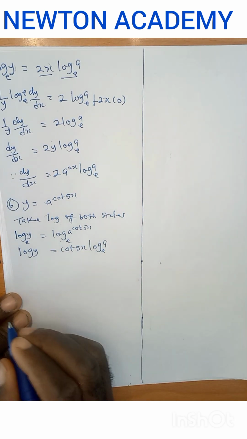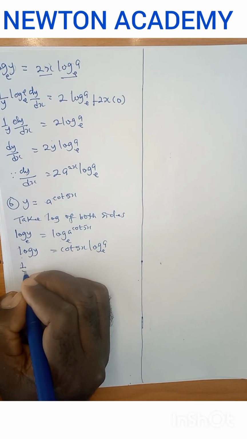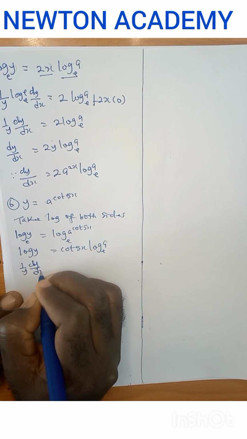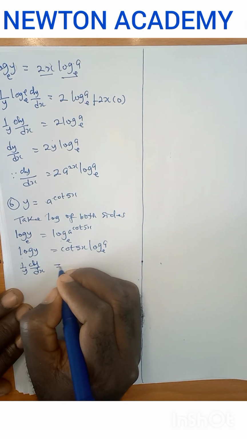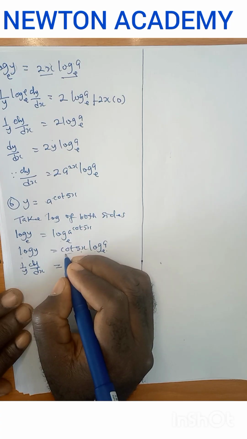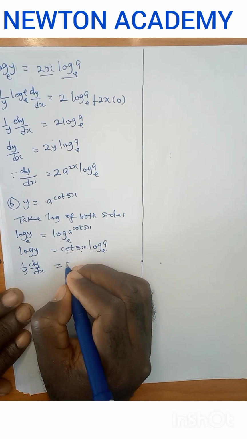Now we're free to differentiate. Now when you differentiate this one, we have 1 over y dy/dx. We eliminate the log e base e part of it. Then it's equal to, now you differentiate this one by keeping log a constant. The differentiation of cot 5x is, you differentiate 5x, it will give us 5.